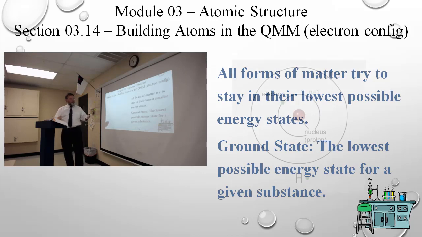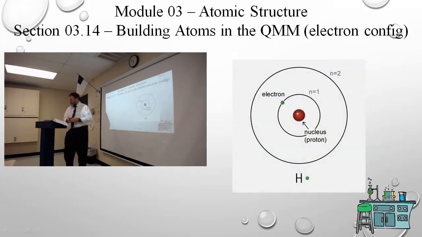Okay? So we're going to look now to the Bohr model to help us understand how to build up electron configuration. Here's the deal. I'm going to ask you in a minute how to write the electron configuration of an atom from the periodic table. And there's a certain way we can do that.